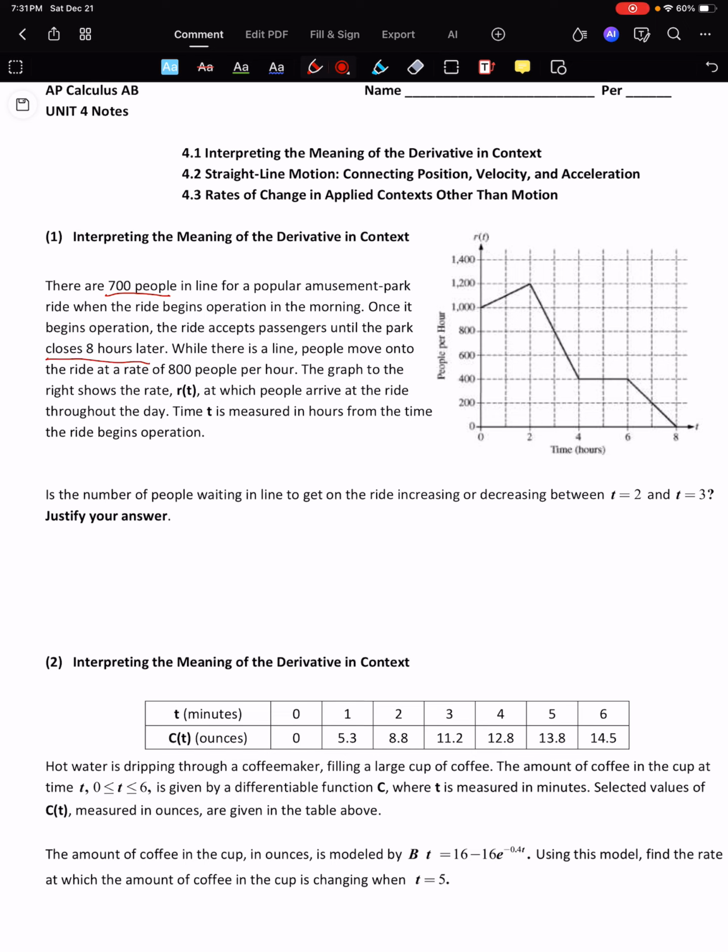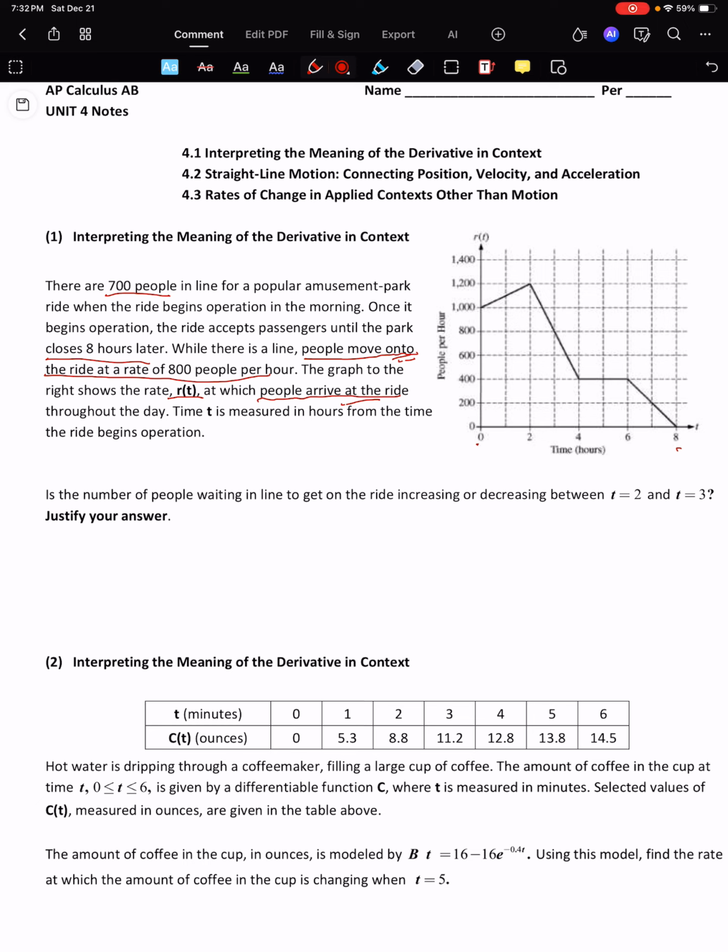I'm glancing at my graph and I'm seeing some correlation with time, so 0 to 8. While there is a line, people move onto the ride at a rate of 800 people per hour. The graph to the right shows the rate R of t at which people arrive at the ride.